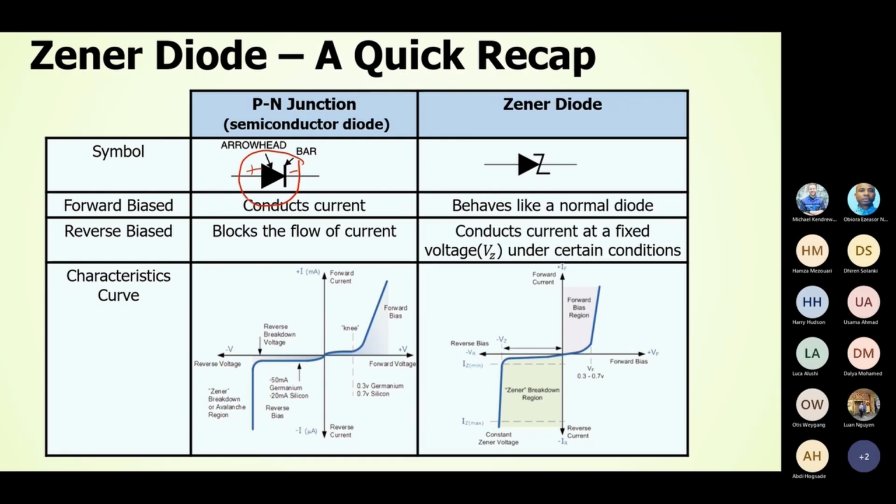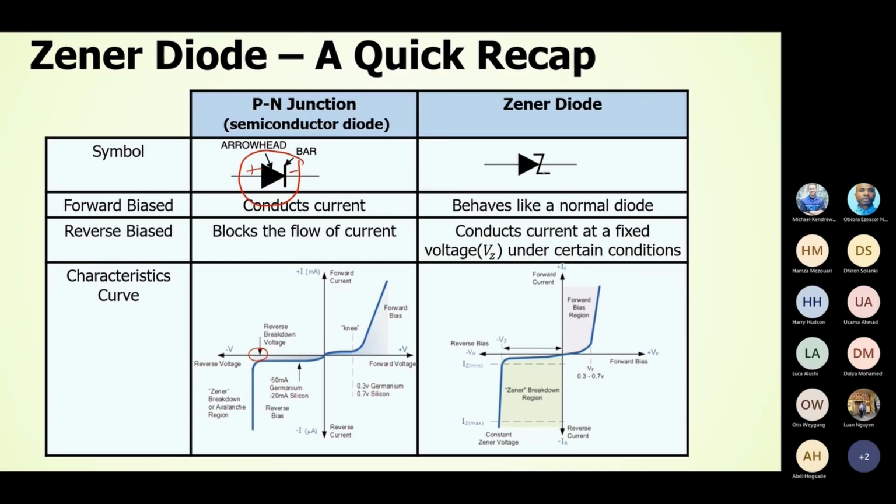Of course, there is a limit to its voltage, which is called the breakdown voltage. When the device reaches that voltage, there will be a breakdown and your device will be gone. Unlike a normal PN junction diode, a Zener diode also behaves as a normal diode, but it is designed to operate in the reverse biased region, where it conducts current at a fixed voltage under certain conditions.